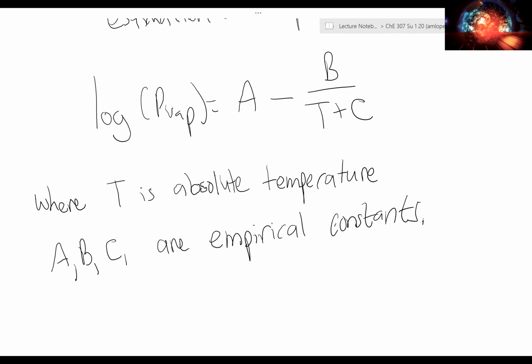Now, in the back of the book, and I believe it's in Appendix B, I think B3, oh no, B4, or at least in the third edition, it's B4, there's a table of Antoine equation constants for various substances.